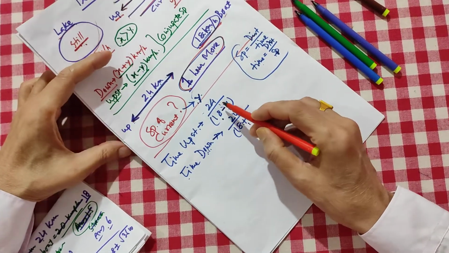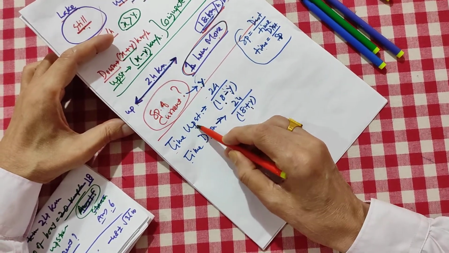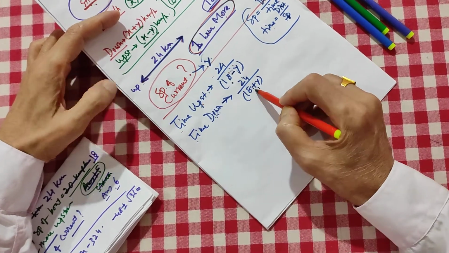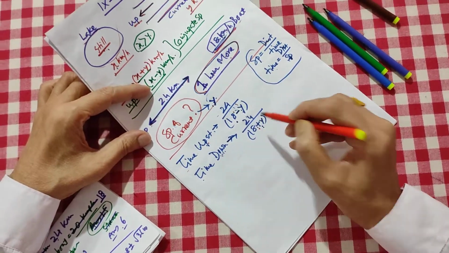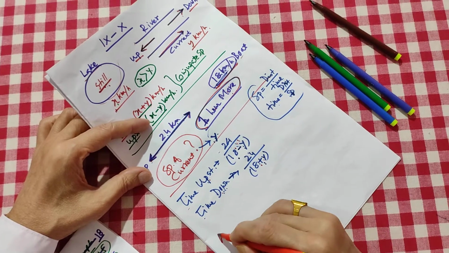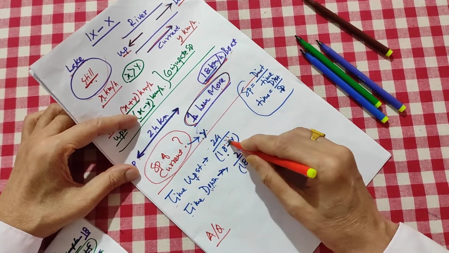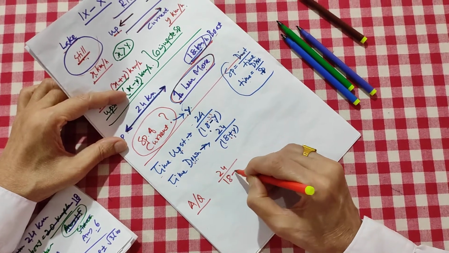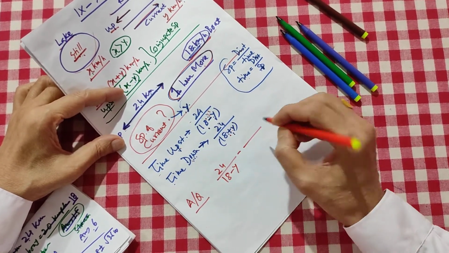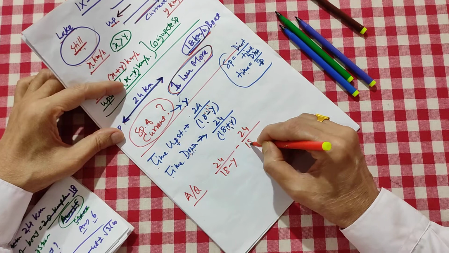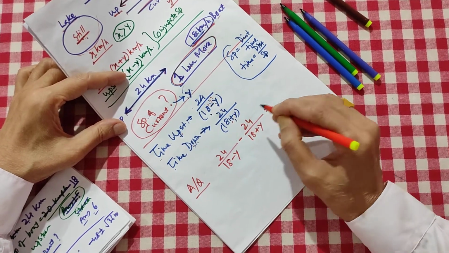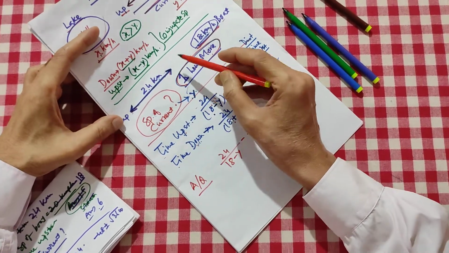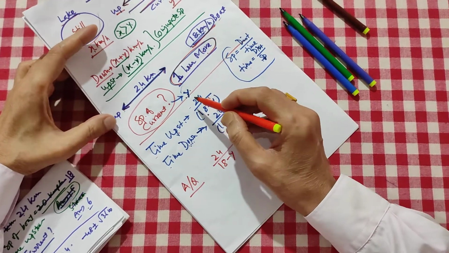So which is more? Time taken upstream will be more than the time taken downstream. So this is more, this is less, so this minus this according to the equation. So we get an equation: 24 by 18 minus y minus 24 by 18 plus y is equal to the time difference, which is given as 1 hour.